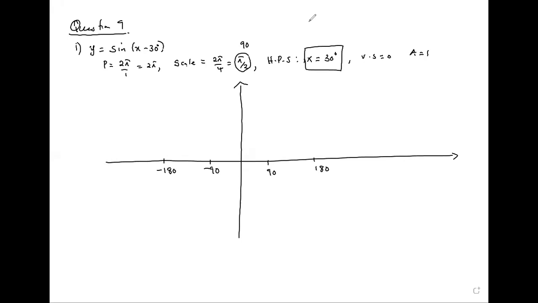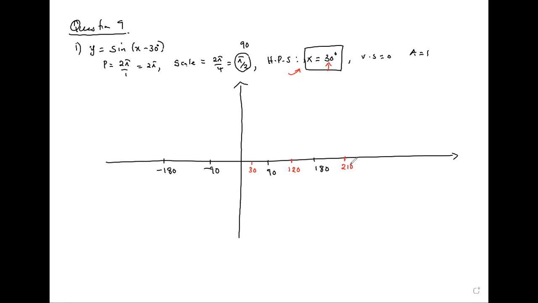So you can do the changing, or you do this. Okay, let's just do the changing first before I give another option. We add to each number that we have on the normal one the horizontal shift. So to 0 we add 30, we have 30. 90, we add 30, we have 120. 180, we add 30, we have 210.